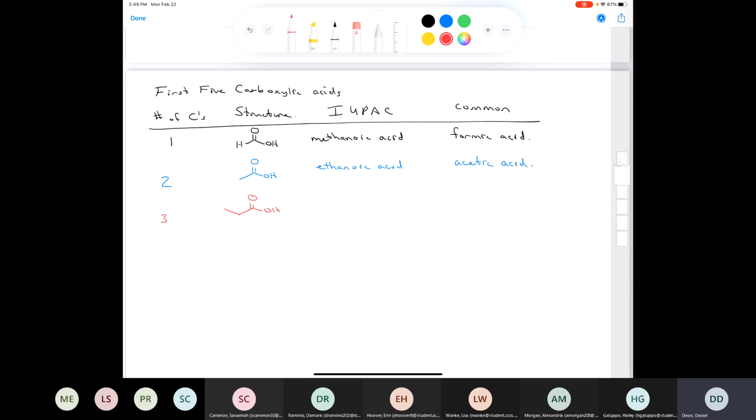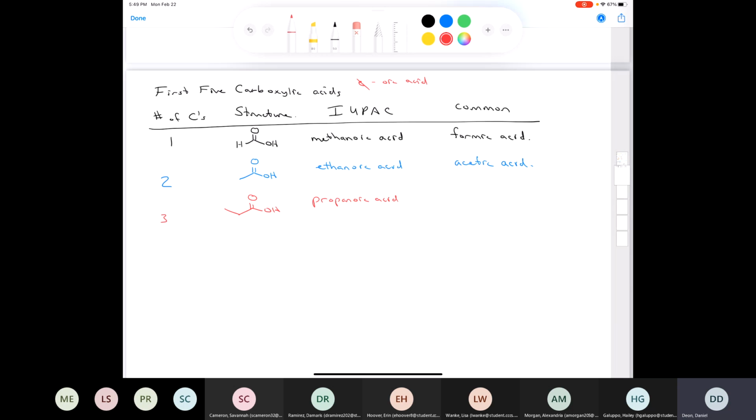Here's where the IUPAC and common names get a little bit of a tongue twister. The IUPAC name is propanoic acid, right? We take propane, we drop the E, and we end it with oic acid, right? That's how we come up with the IUPAC name.